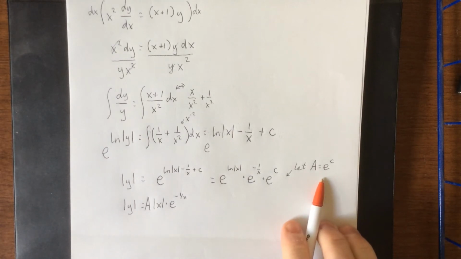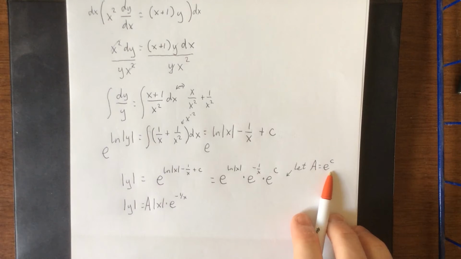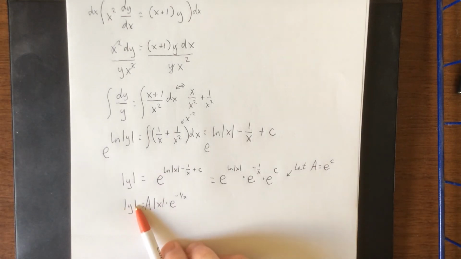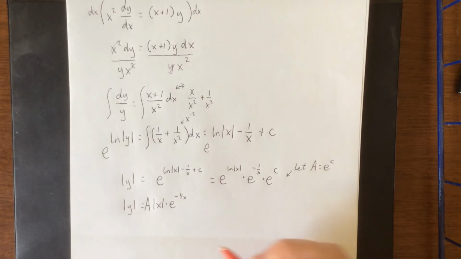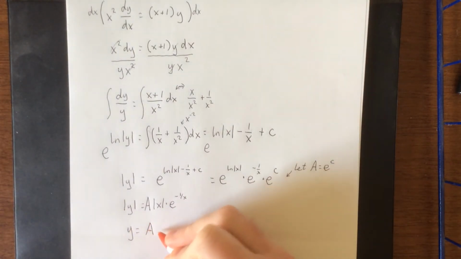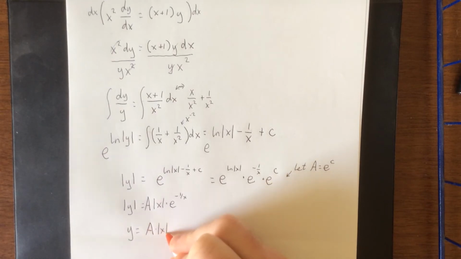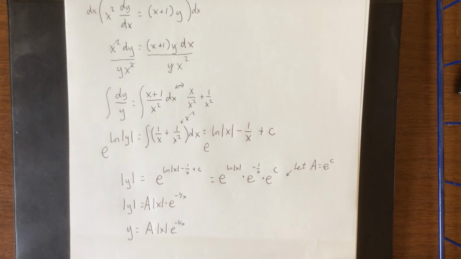Based on how this was defined, it's impossible for A to be negative, as it is the output of an exponential. So to get rid of the absolute value bars, I would simply take away the fact that A must be a positive value. So with that in mind, we can give a final answer of y is equal to A times x times e to the negative 1 over x power. That'll be good for a final answer.